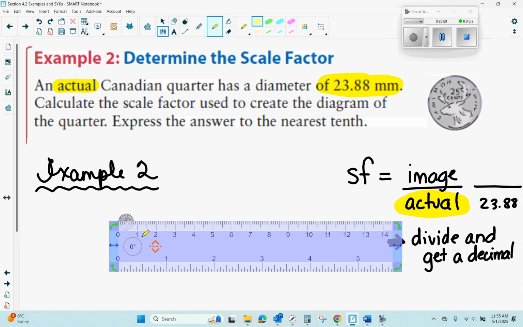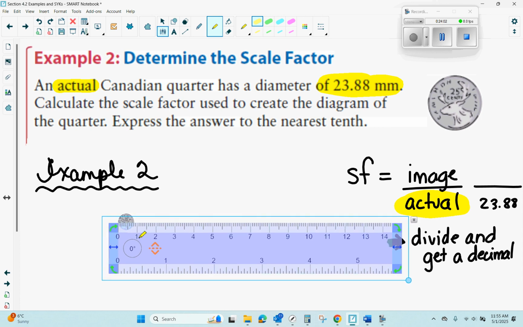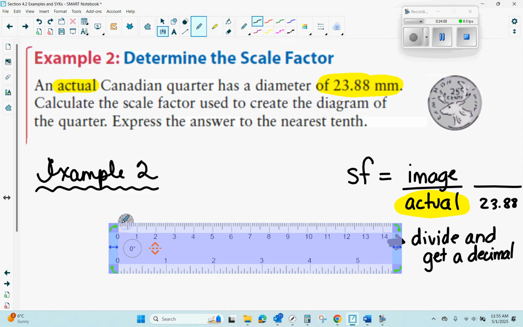So these large numbers here are centimeters, 1 centimeter, 2 centimeters. These little ticks are millimeters. So this quarter is 8 millimeters in diameter. So the image of your quarter is 8 millimeters. The actual is 23.88.